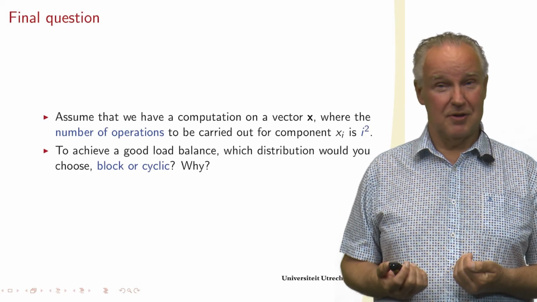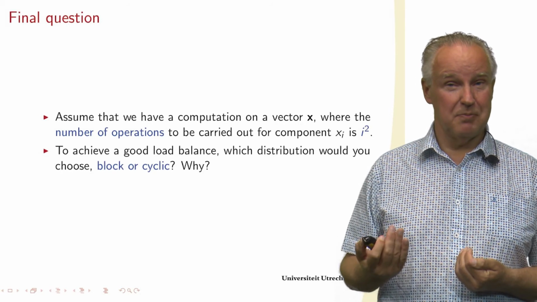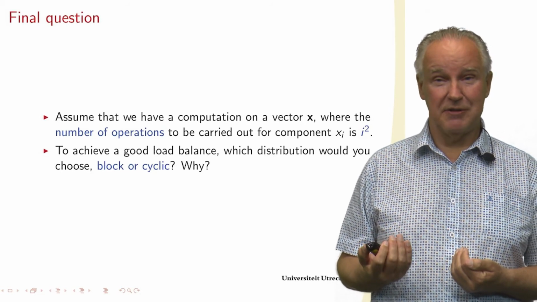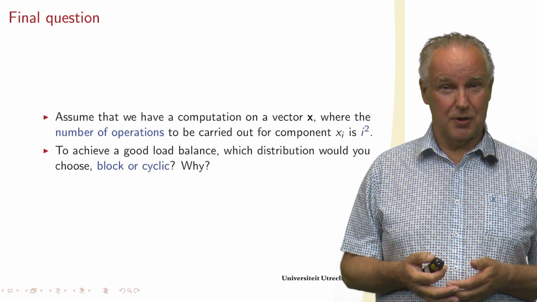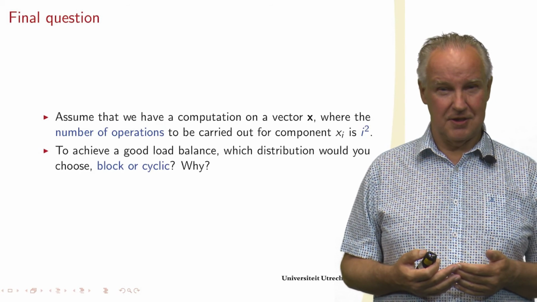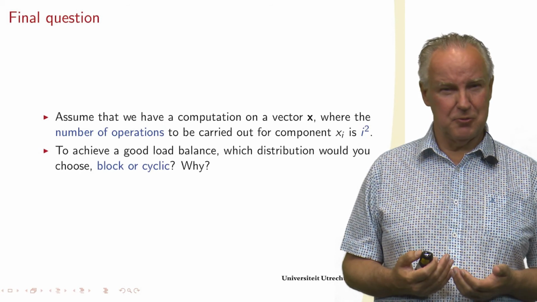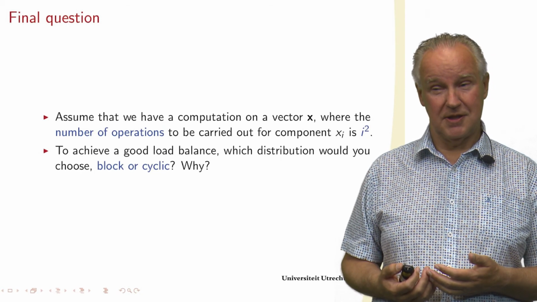If you have component 4, then this component causes 16 flops to be carried out. Now, the question is, if you want to achieve good load balance, which distribution of the two would you use? The block distribution or the cyclic distribution? And why?